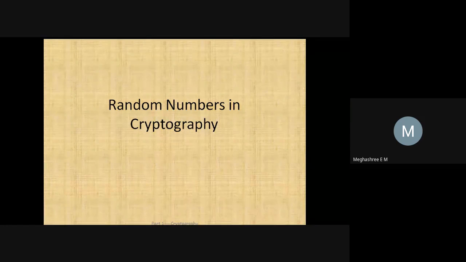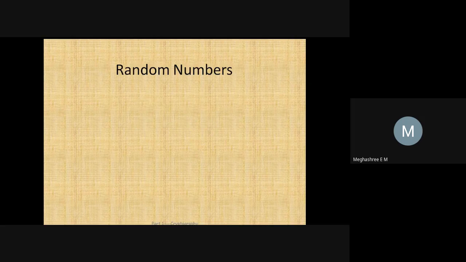In Python, you have a random function, right? When you execute that function at this point of time, you will get one number. When you execute the same function after 1 hour, you will get another value. It will not be the same one which you got in the previous execution, isn't it? So a regular pattern is not followed to generate random numbers. We'll see how it is used in cryptography.